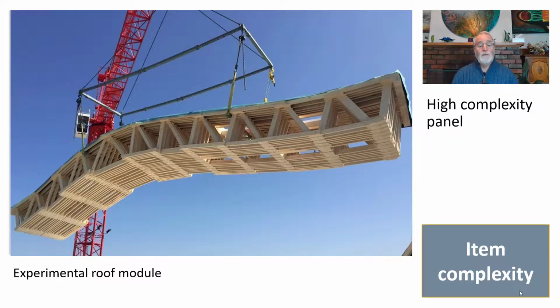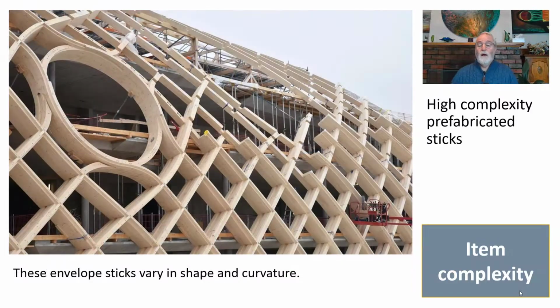And because it's been done by robots and machines, and because it's an experimental unit, they're looking for different ways in which the module can be assembled to demonstrate capability. So it's an experimental item, and it's obviously very complex in the way in which all of it's been assembled. It will then be put into part of a roof structure, and it's quite a significant span roof structure. So this is a complex unit, as are these.